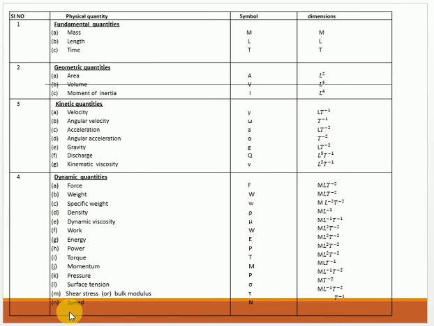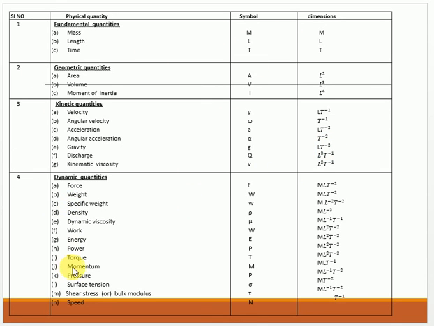If you are clear with these dimensions alone, that will be more than enough to solve problems easily and score 13 out of 16 marks. Don't just mug up these things, just put the unit and derive it to the fundamental dimensional equation. Go through all these units.